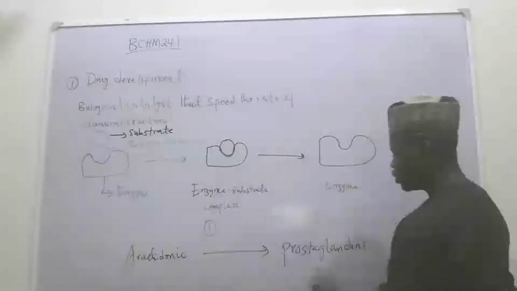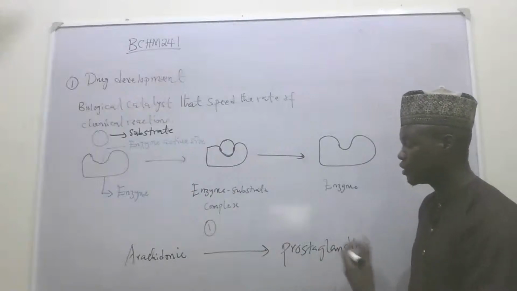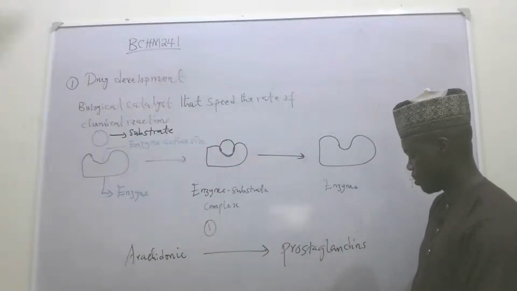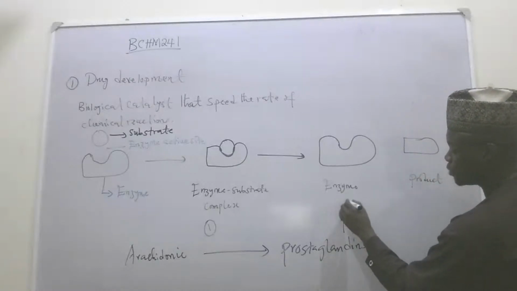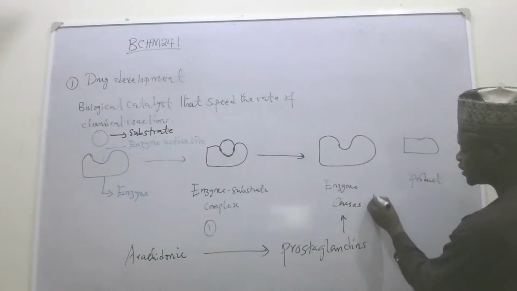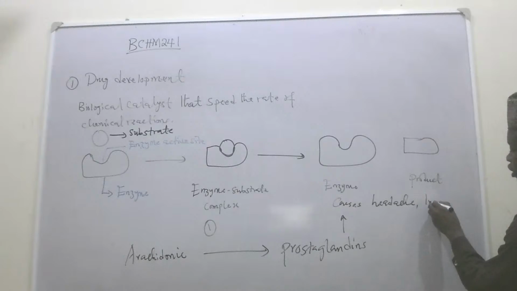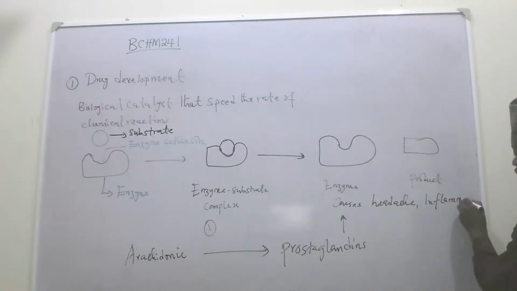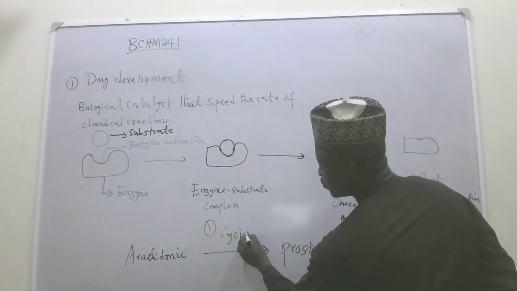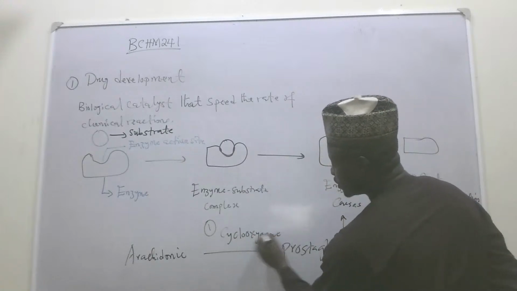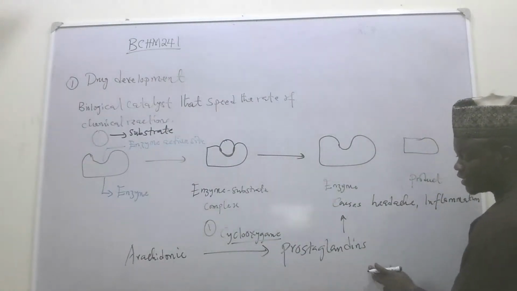These can be prostaglandin 1, prostaglandin 2, and prostaglandin 3. These prostaglandins are molecules produced by the body that cause headache and inflammation in humans. There is an enzyme called cyclooxygenase, which converts arachidonic acid to prostaglandins.